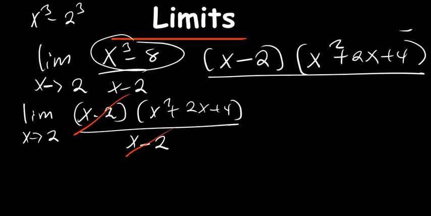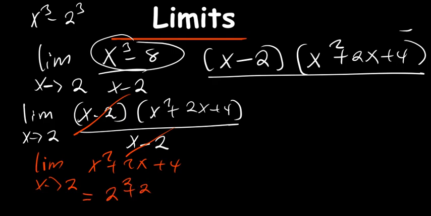The limit as x goes to 2 of x squared plus 2x plus 4. Now I want to plug in 2. That is equal to 2 to the power 2 plus 2 times 2 plus 4. 2 to the power 2 is 4, plus 4, plus 4. What answer are we going to get? 12.